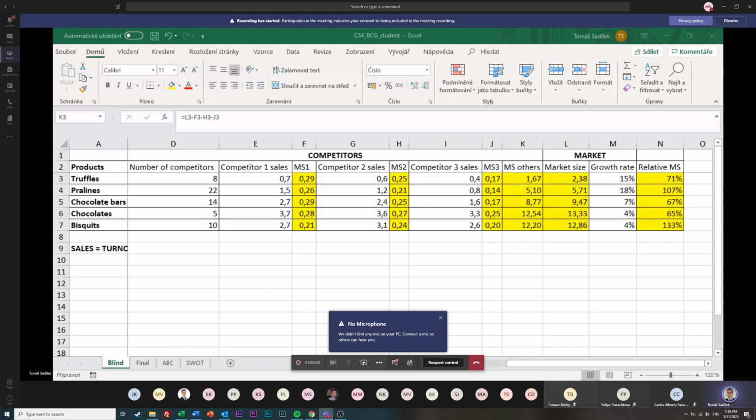Where is it? I can show you these figures once more.